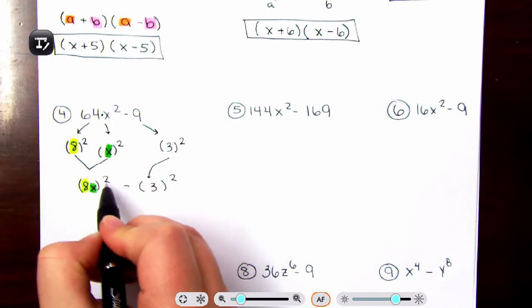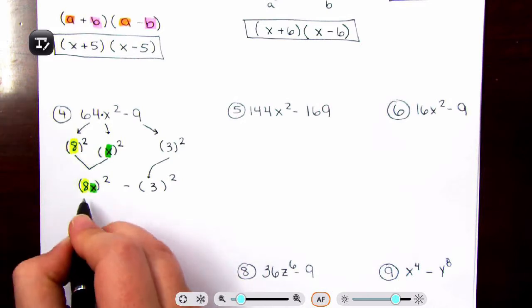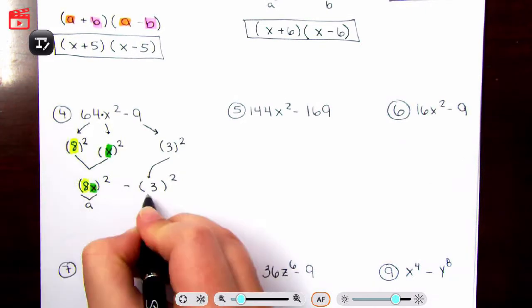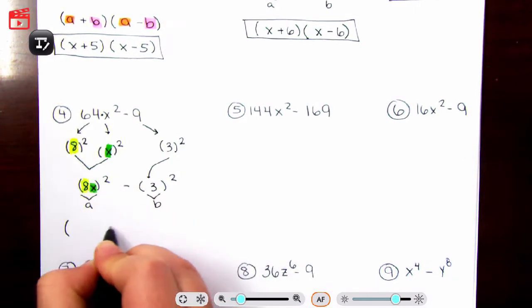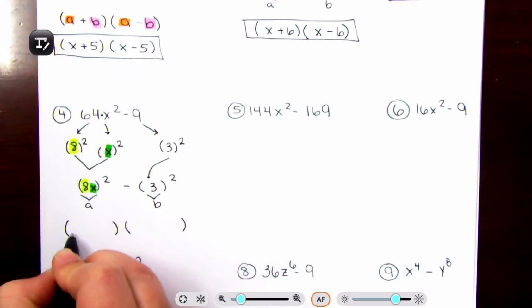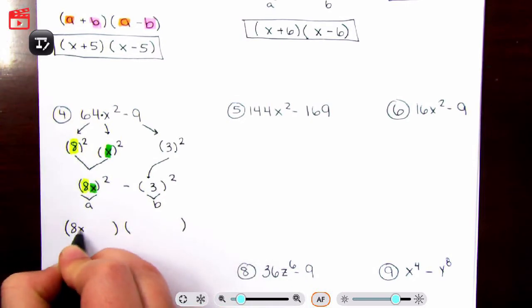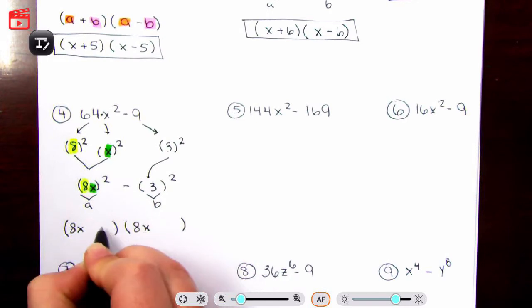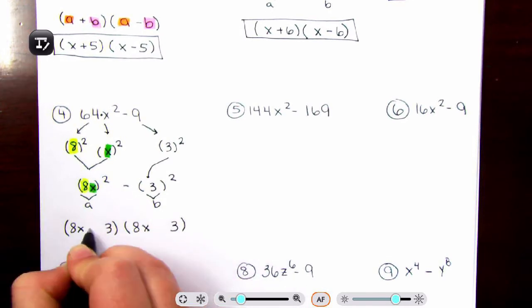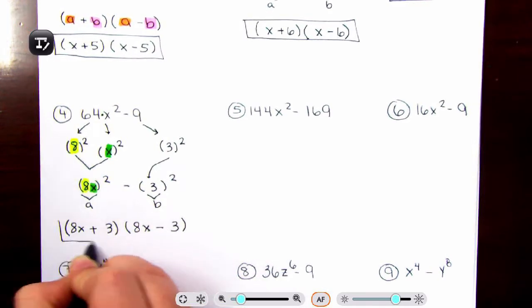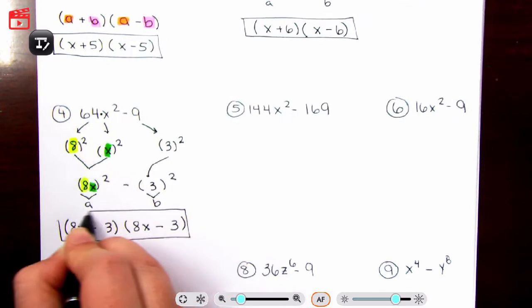And we have just one square. So now we have our a and our b. a is 8x, b is 3, and one is a plus, one is a minus. So here is our difference of squares.